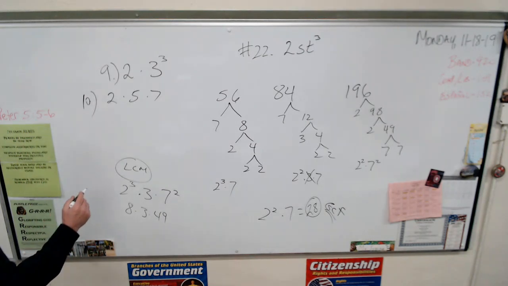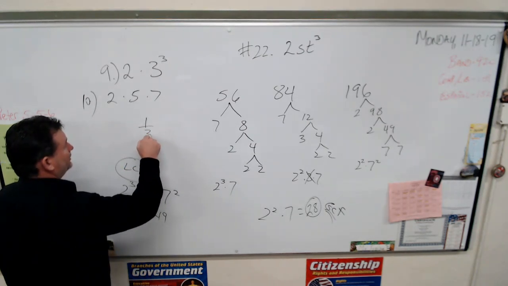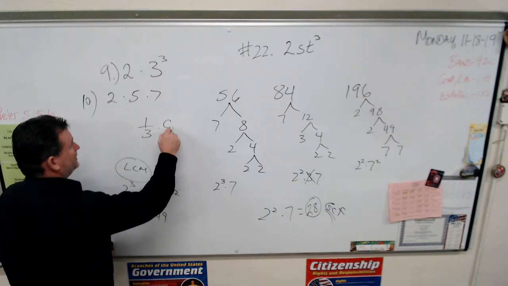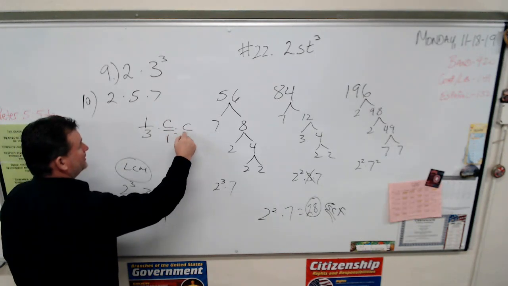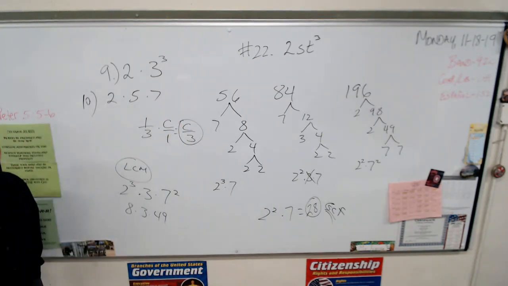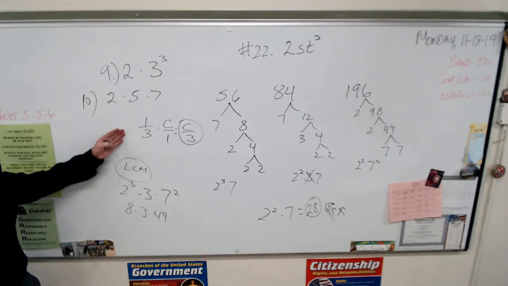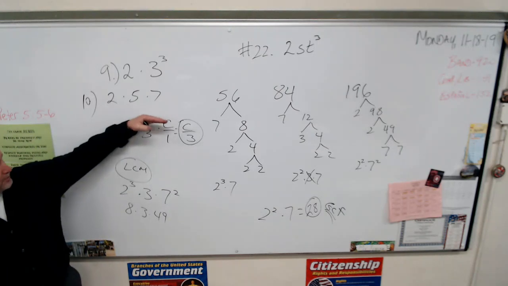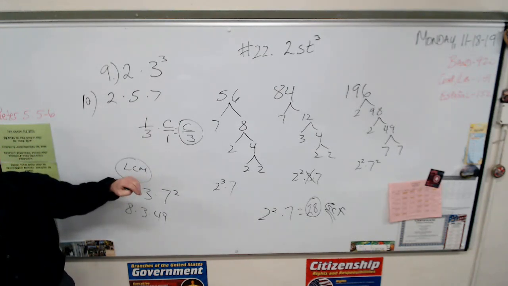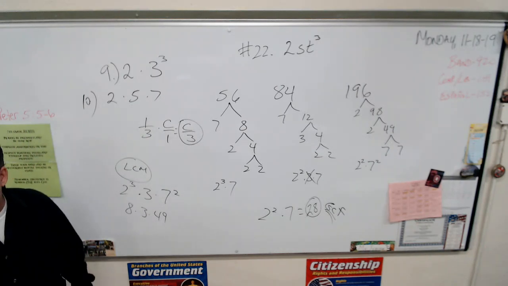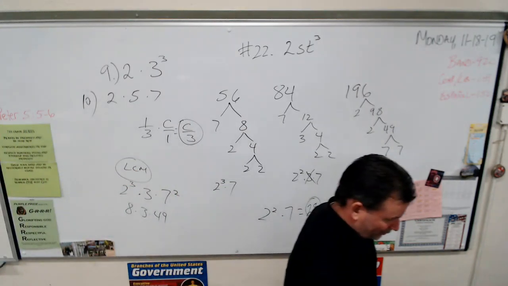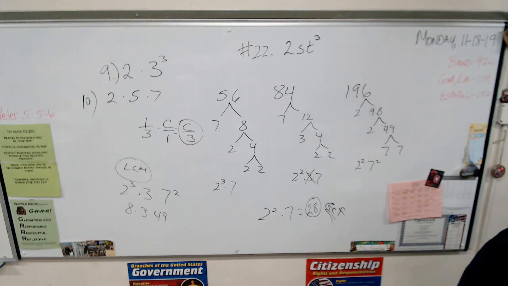David says 1/3 times C, which would be C over 3. In simplest form, it's C over 3. When David said 1/3 times C, look how that works. 1 times C is C, 3 times 1 is 3. So it's just C over 3. Yep. C over 3 is the answer to number 27.